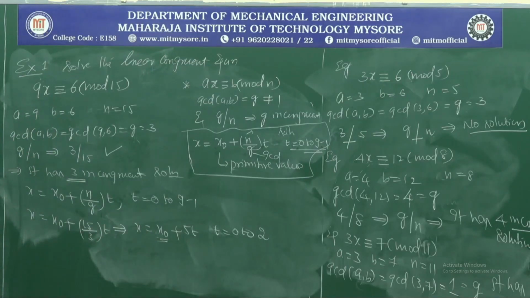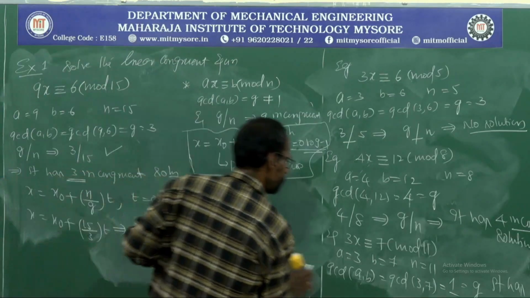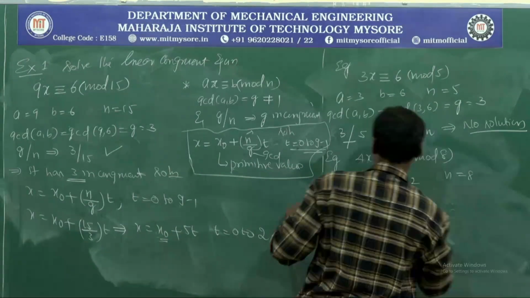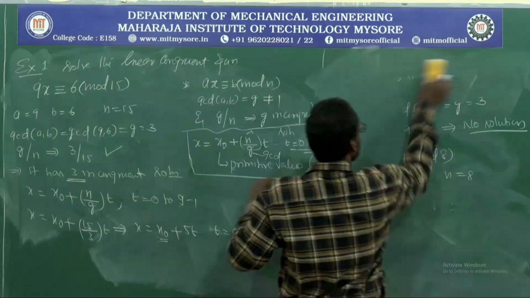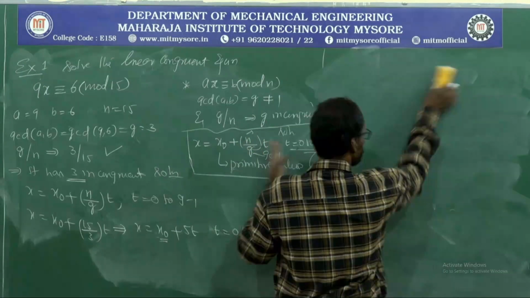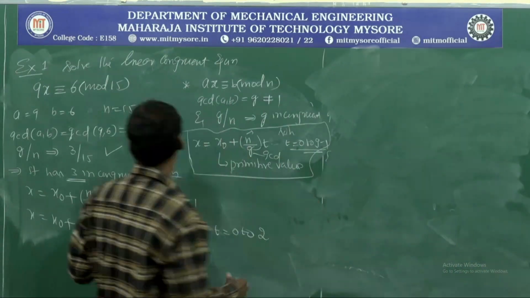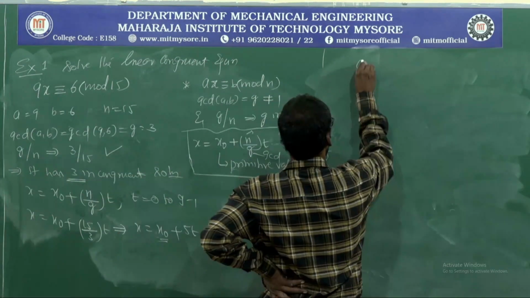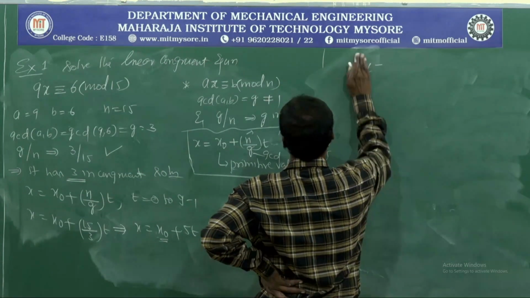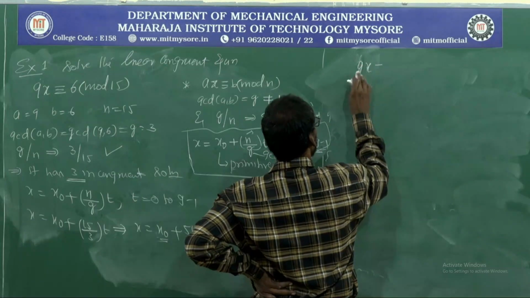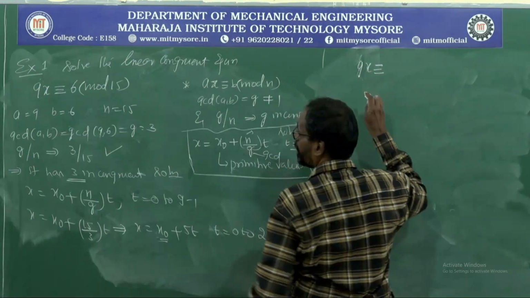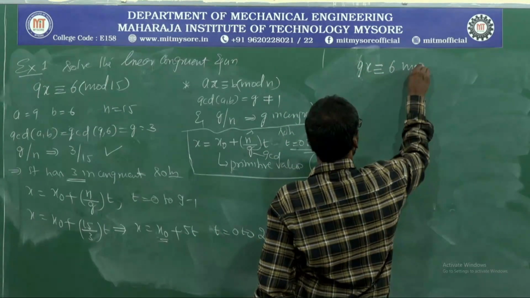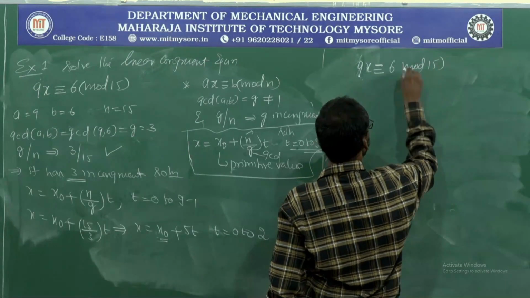We go back to the original problem here. I will use the property of congruence to make the expression as simple as possible. Here we have 9x congruent to 6 mod 15.